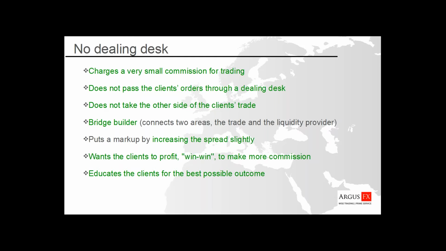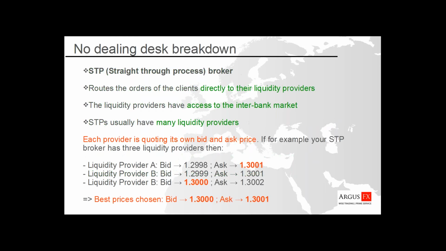Because, as most of you know, we have market makers and STP, ECN brokers. So the no-dealing desk is categorized under two headings. Let's see these headings. So the first no-dealing desk breakdown is the straight-through process broker.